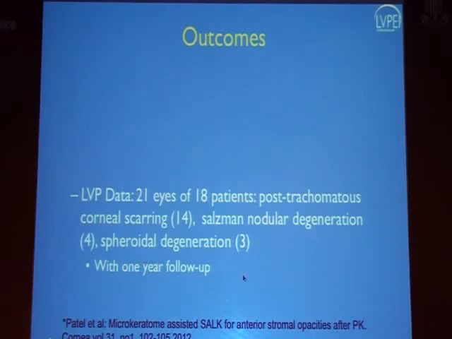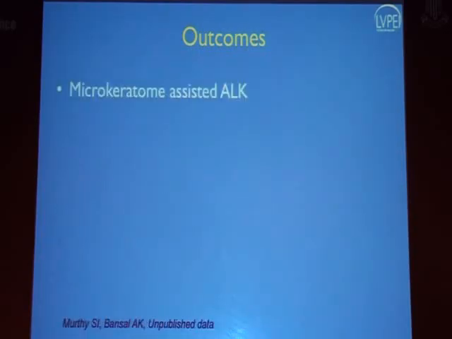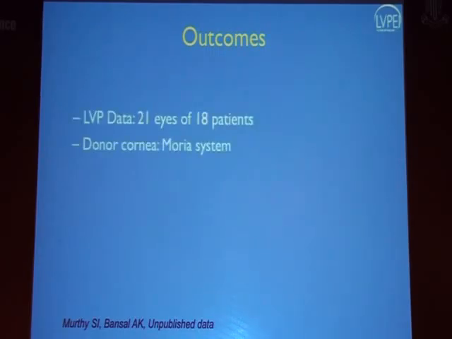Although we had many more eyes which underwent ALTK, we didn't include them in the analysis because they had less than 1 year follow-up or they were lost to follow-up. These cases with at least 1 year follow-up are not consecutive cases, so they were operated by multiple surgeons.